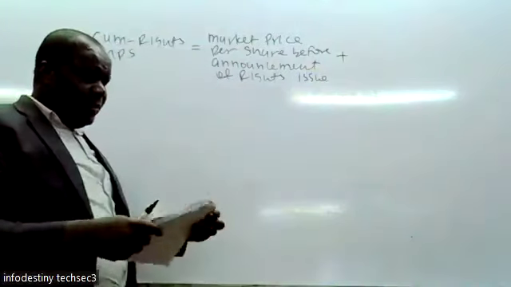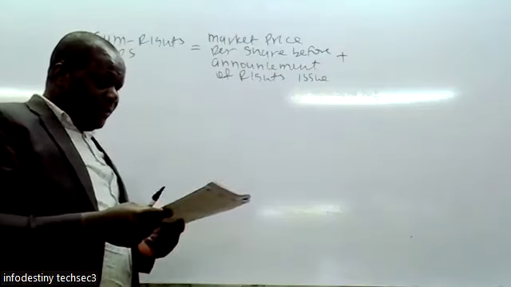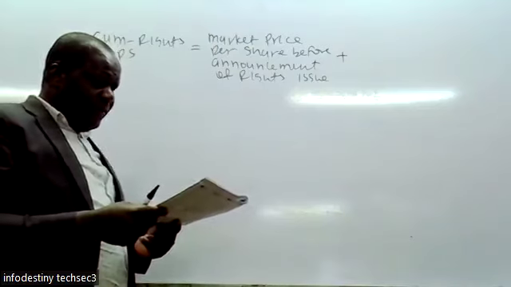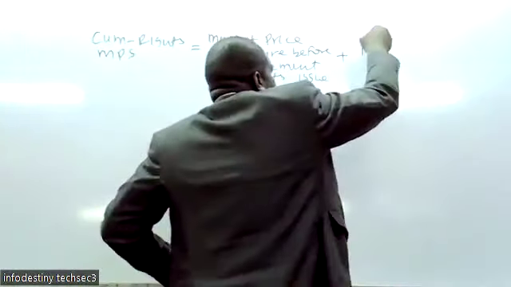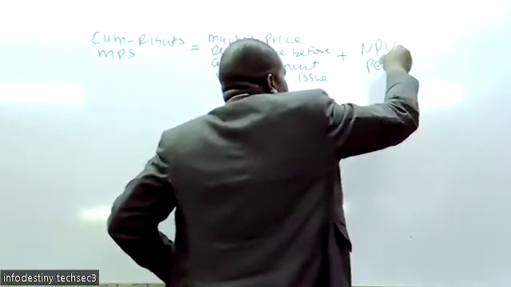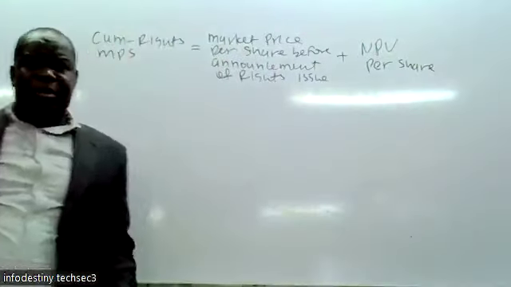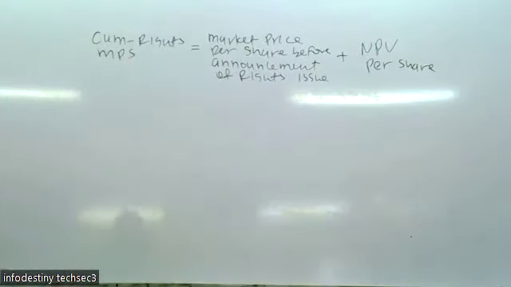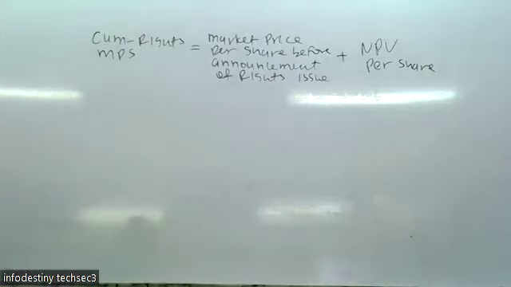Then we are supposed to add the NPV per share, net present value per share. So the cum-right market price per share is given by market price per share before announcement of the right issue, then we add the NPV per share.